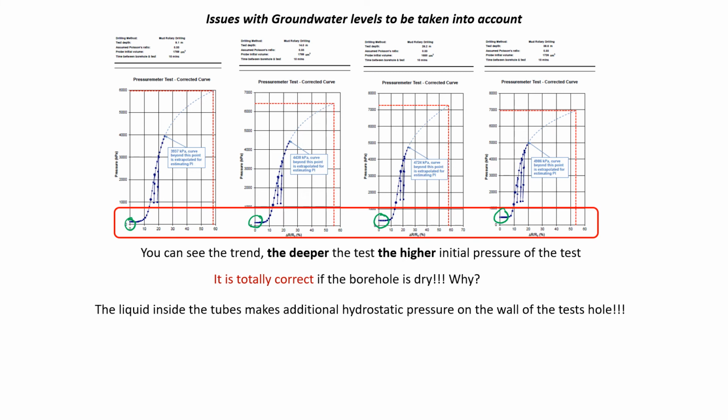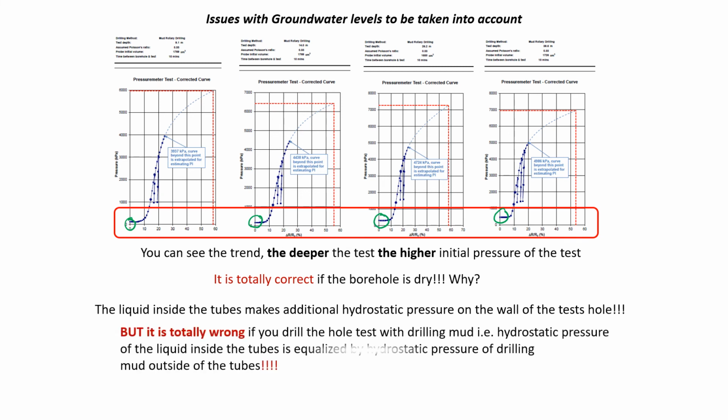The hydrostatic pressure column inside the tubes of your equipment and your native one, if you're drilling with drilling mud, it's at the surface. So it's absolutely wrong, because you get some minor differences, maybe 10, 15 kilopascals, but not, let's say, 100 or 200 kilopascals. And that means, again, your curve should start from the origin, and otherwise every time you make a wrong assessment of your horizontal stress.